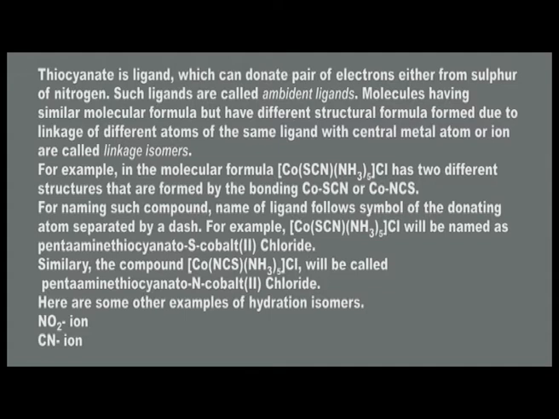For example, the molecular formula [Co(SCN)(NH3)5]Cl2 has two different structures that are formed by the bonding of Co-SCN or Co-NCS. For naming such compounds, the name of the ligand is followed by the symbol of the donating atom separated by a dash.